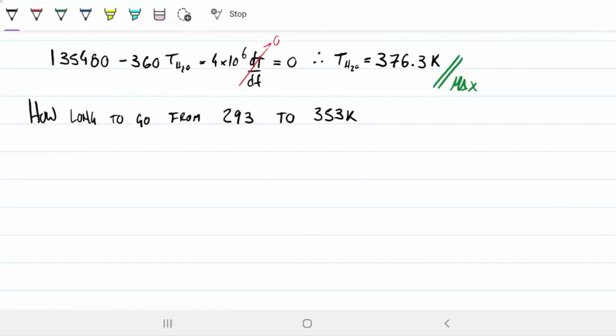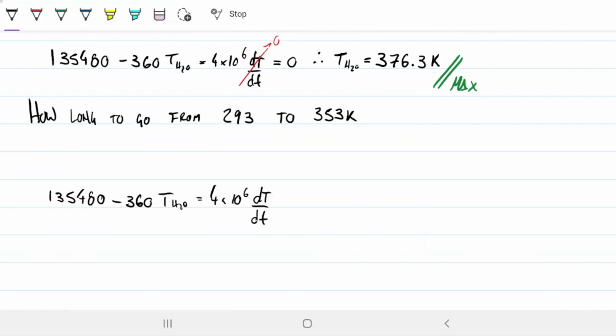Well, we know the equation that explains that, right? That's our general equation. So 13,548 minus 360 T H2O equals 4 times 10 to the 6 dT.